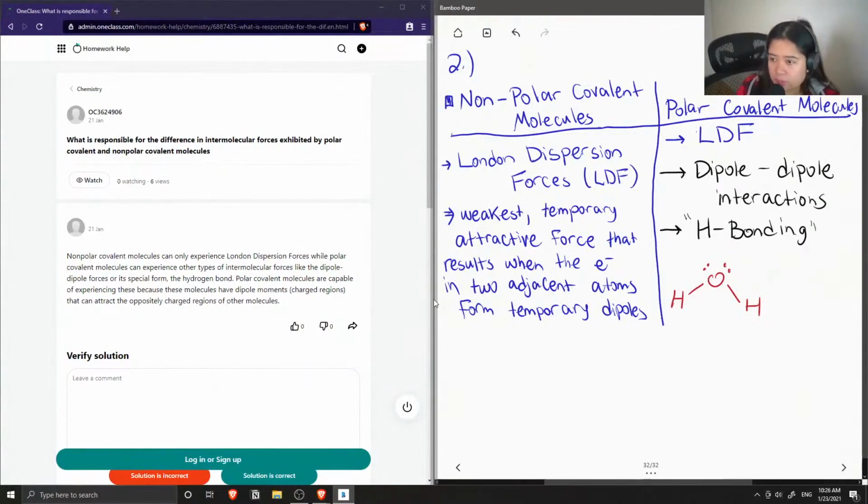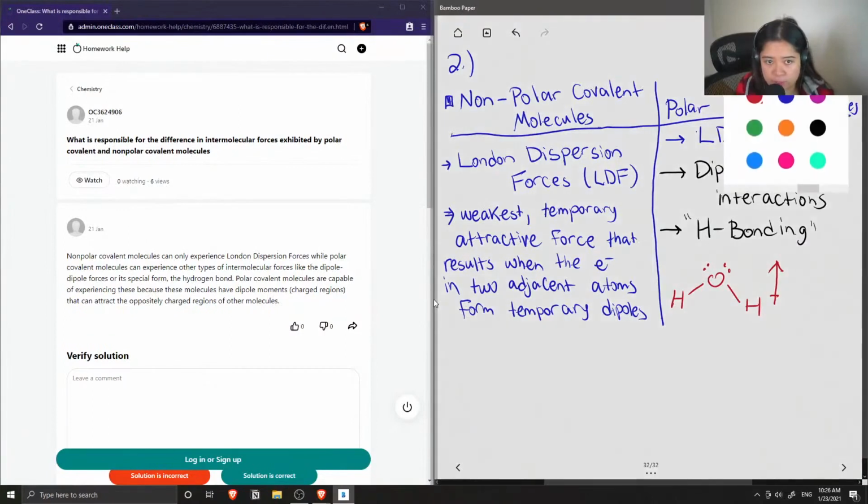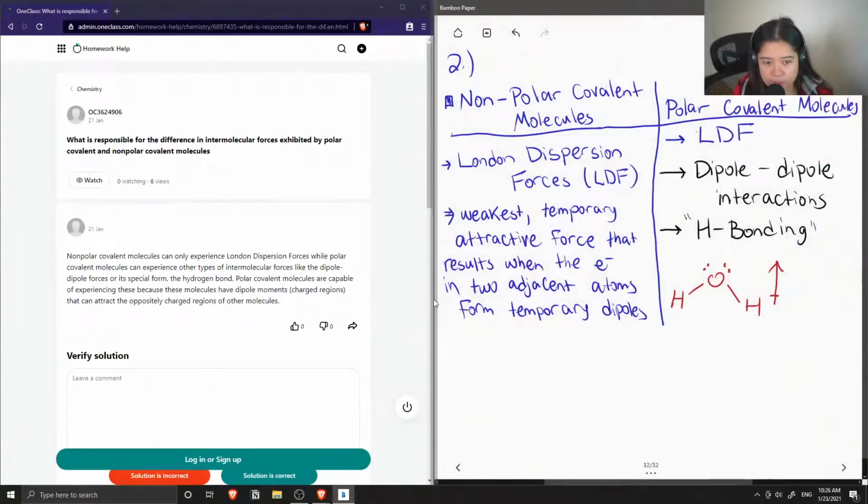And because of the bent structure of water, we don't have anything canceling out this dipole moment. So we have a net dipole moment pointing towards the direction of oxygen. And because of that, the molecule now has partially negative and partially positive sides to it.